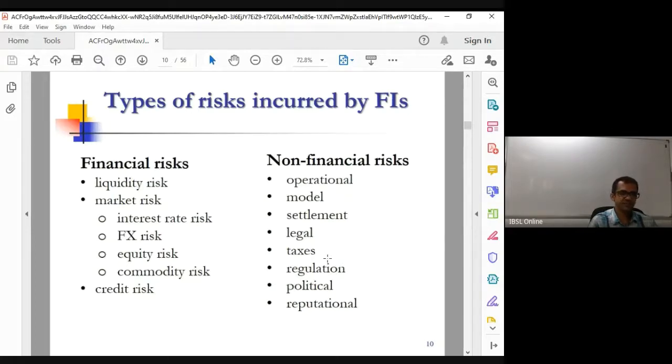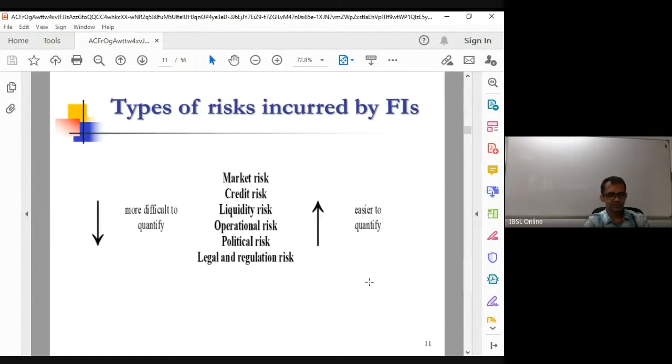So there can be a lot of unforeseen risks. It would be better if we can have some way of handling whatever those things are, or at least keep some provisions if that happens, and know how to recover, especially as a financial institution. So we'll move into the next slide.